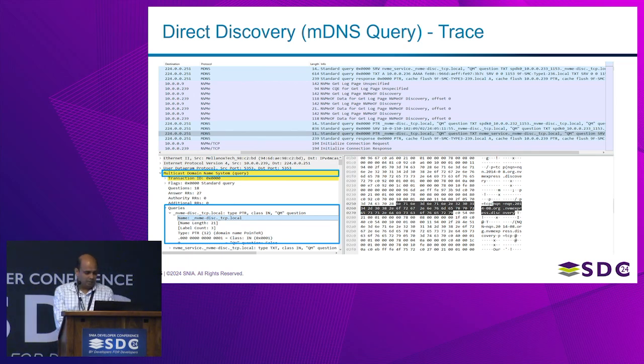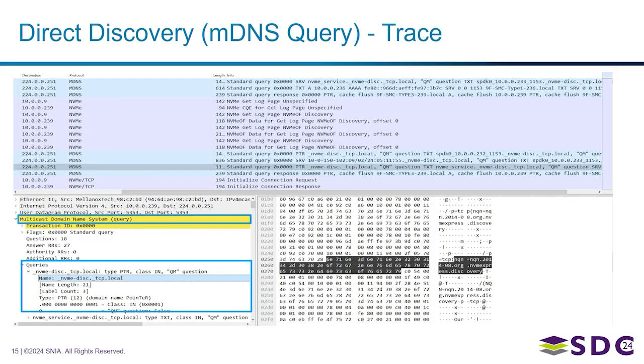So we can see here the mDNS and the destination address, and it's a query which basically tries to discover the discovery services over the network via mDNS.